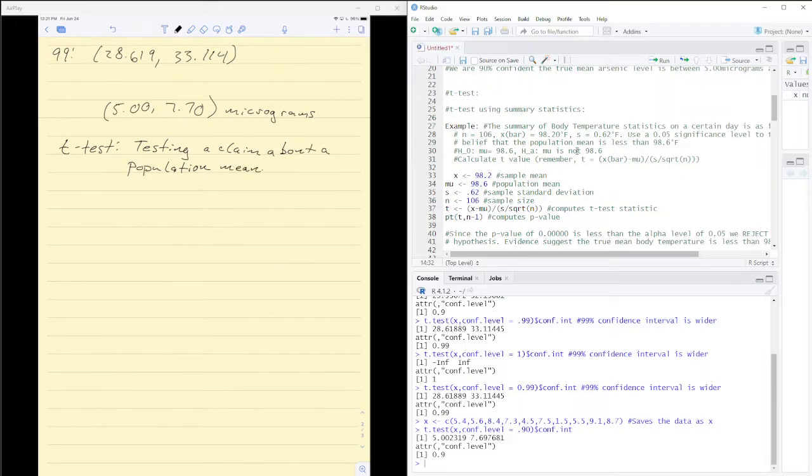Okay. And whenever you test a claim, you always have a set of hypotheses. If you've ever had some kind of science class, you make your hypothesis, you run an experiment, and you see how the results relate to your initial hypothesis.